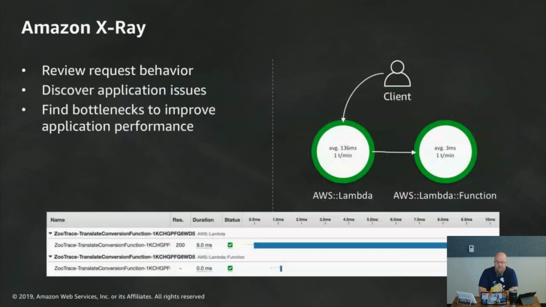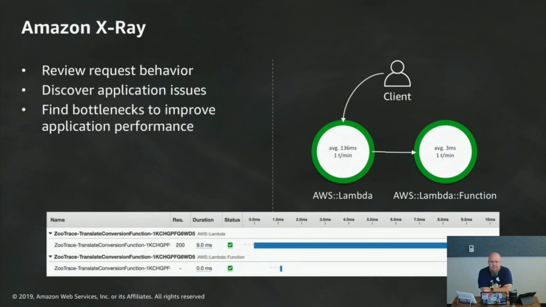The second thing we're going to dive deep into is AWS X-Ray. X-Ray is a fairly new service, been here about 2 years, and it allows you to review request behavior, discover application issues, and it helps you find bottlenecks to improve application performance. It does a lot more than this, but it's a very powerful system.